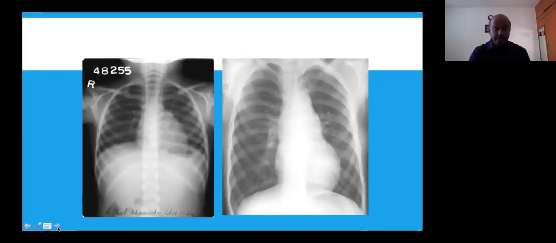So this is an X-ray. I want you to look at both these X-rays and tell me what the findings are. First, on the left, the X-ray of the 4-year-old, and on the right, you see the X-ray of an adult, both with patent ductus arteriosus. So on the left, what are the findings?